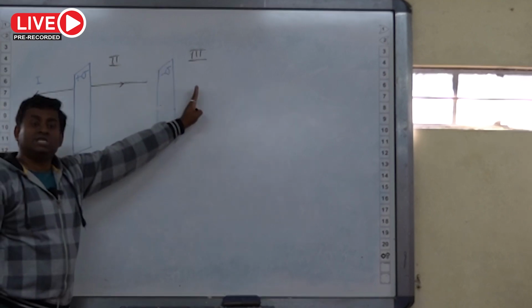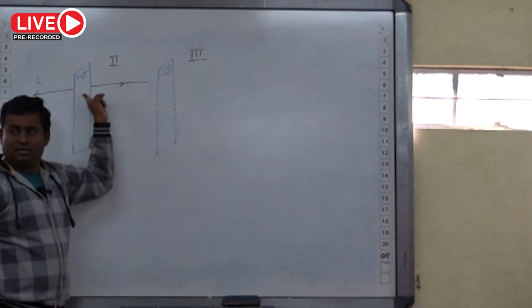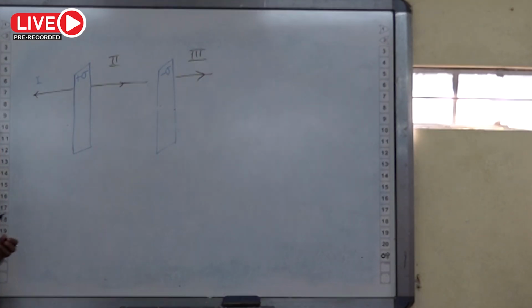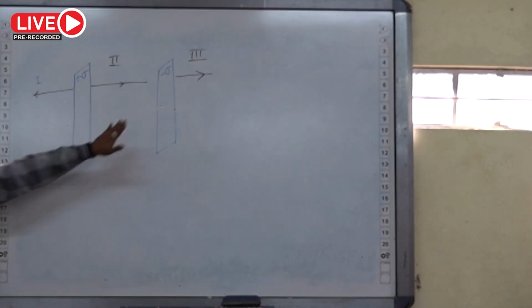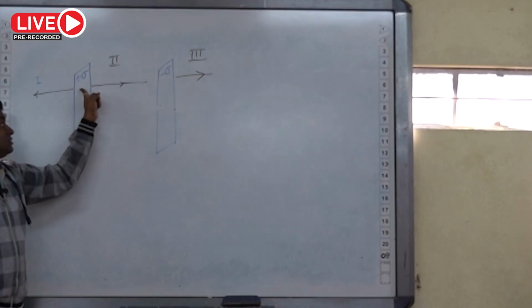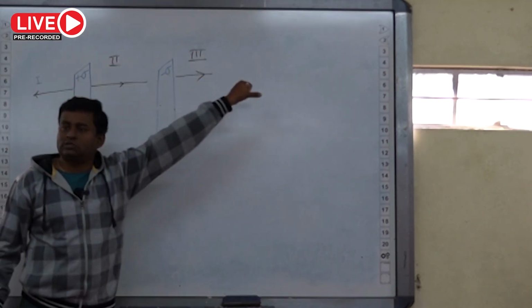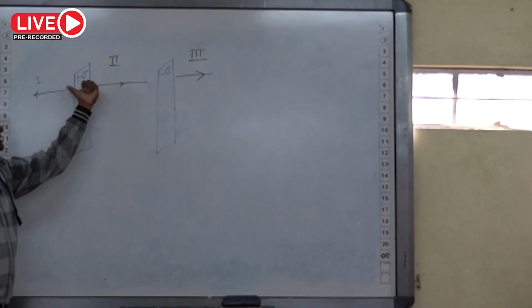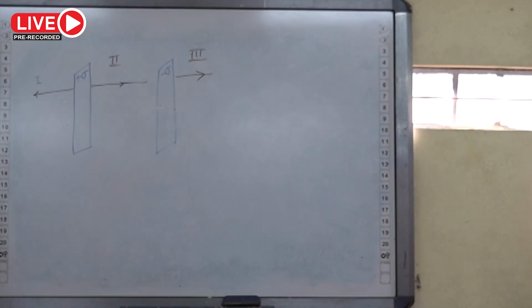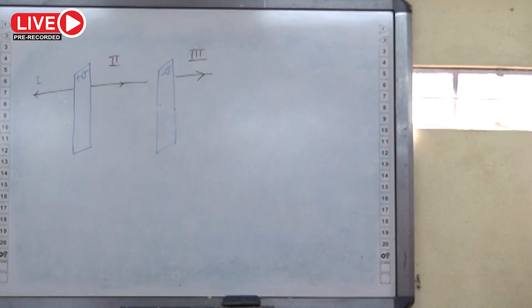And in region 3, for this plane, the field lines are going away from the charge. Consider this plane is absent. With respect to this plane, these field lines are always going in this direction and in this direction, because field lines from a positive charge are always going away from the charge.